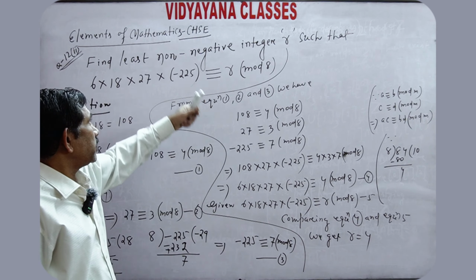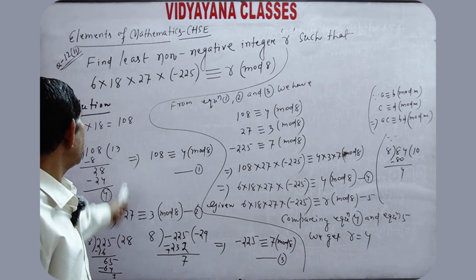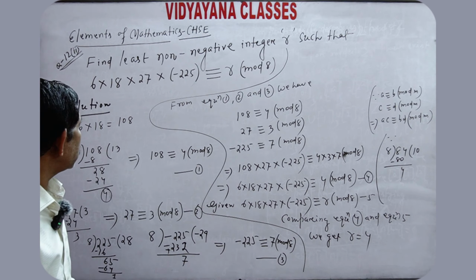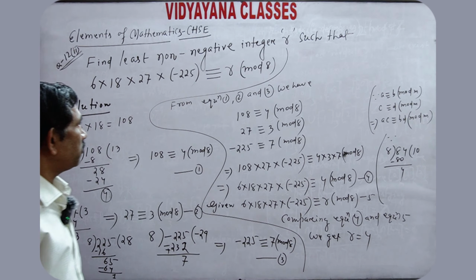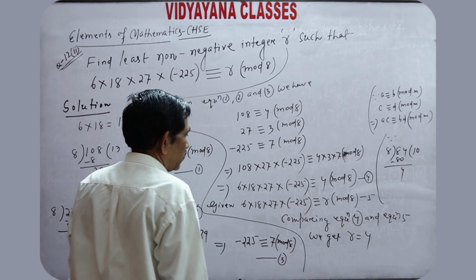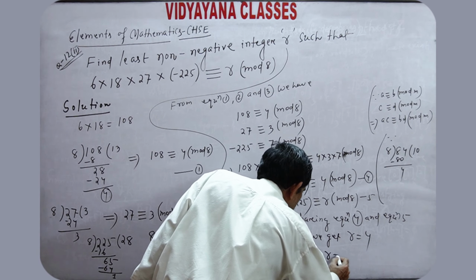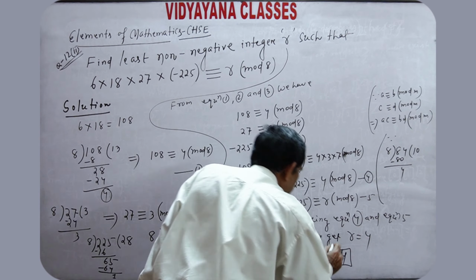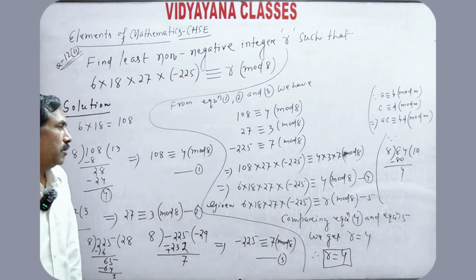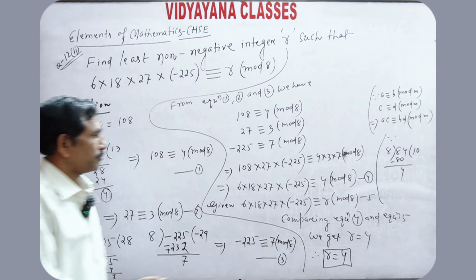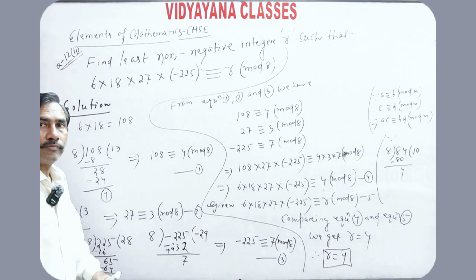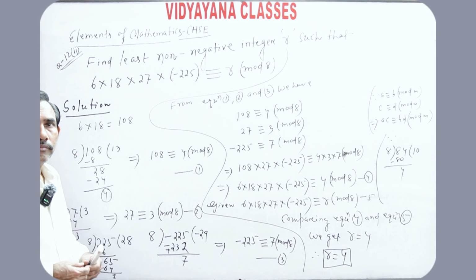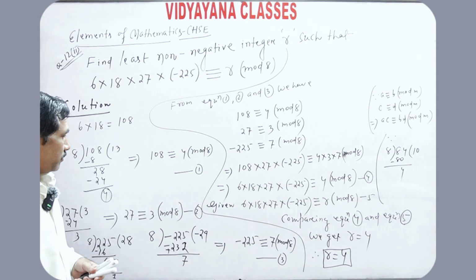Find the least non-negative integer R so that 6 into 18 into 27 into minus 225 is congruent to R mod 8. Therefore, R is equal to 4. Clear? Okay. Note down.